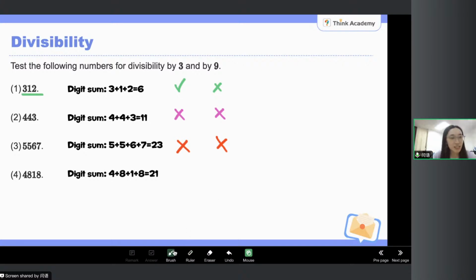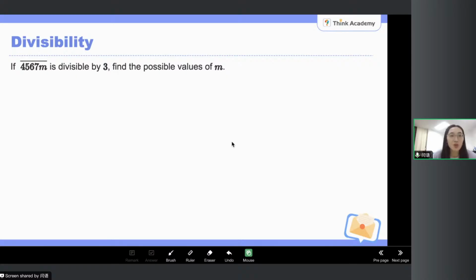Okay, so here let's check for 21. 21 is divisible by 3, right? But it is not divisible by 9. Okay, good. So again, you can see that for some numbers, even though they are divisible by 3, they may be not divisible by 9. Okay? Good job. Okay, next one.